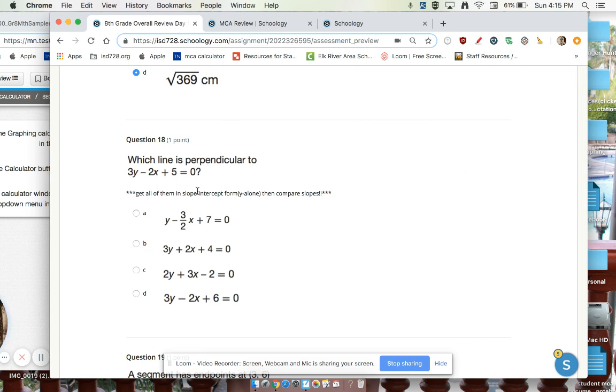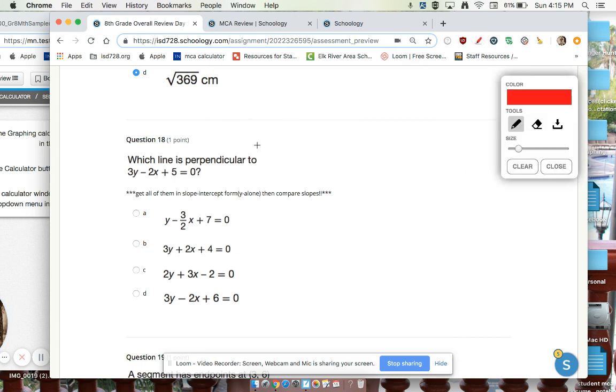So we had the slope of 2/3. Then my perpendicular slope, I would have to flip it and make it the opposite sign. So my perpendicular slope needs to be a negative 3/2.